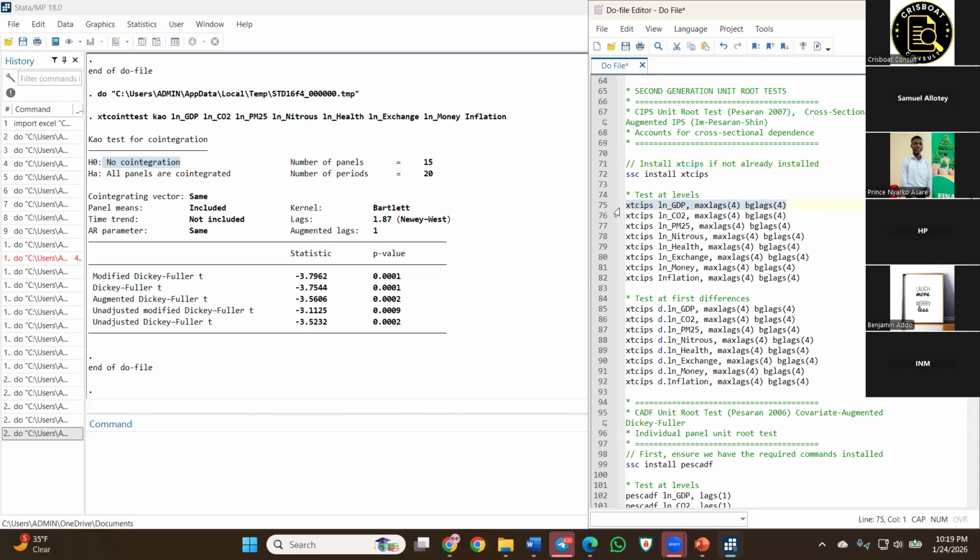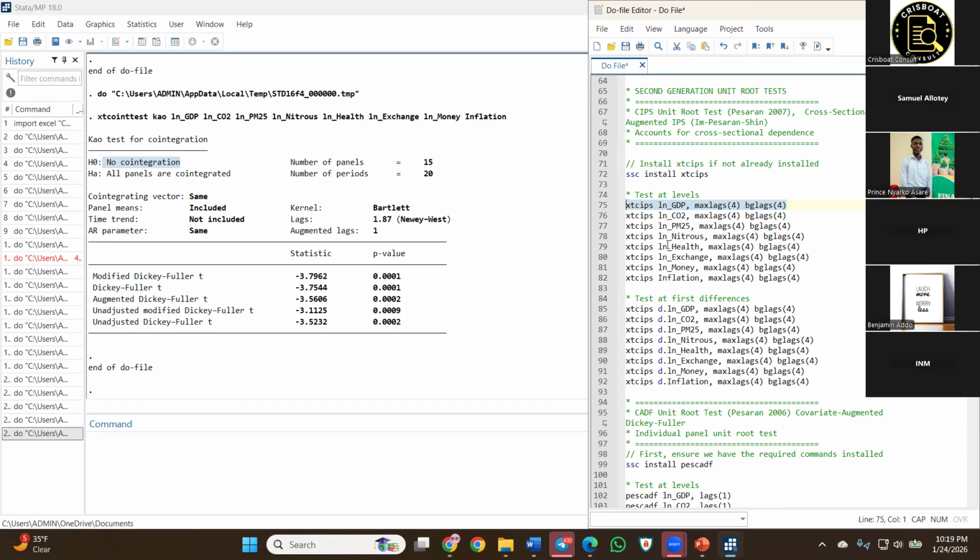You can change it provided you can justify why you selected that lag, and it should always be backed by a study or an empirical study. From what I normally use, I used a maximum lag selection of 4 for both the max lags and the BG lags. You can change it to suit what you want.